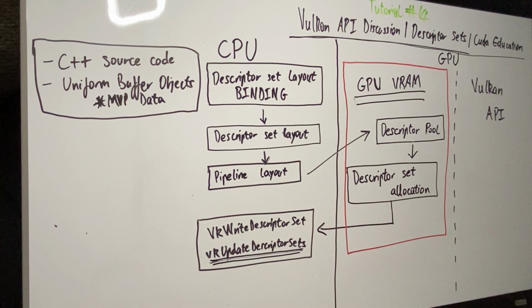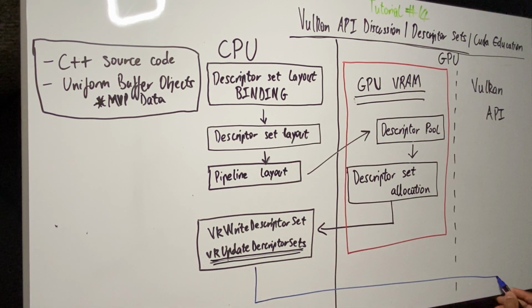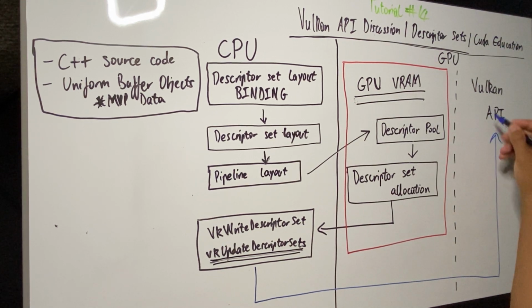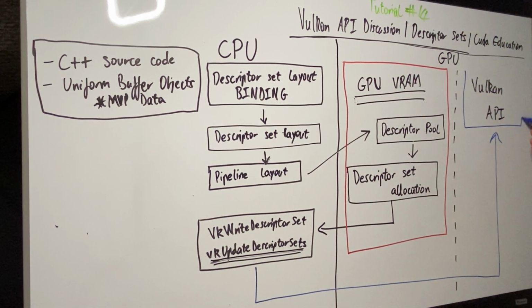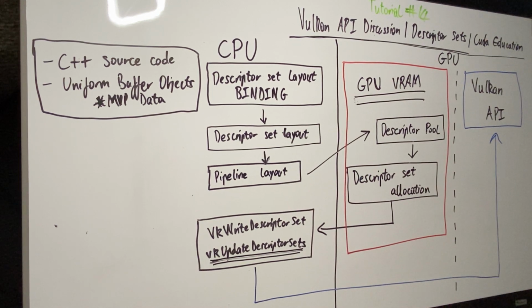That's what actually writes the descriptor set, and that's what makes it visible to the Vulkan API. Okay?